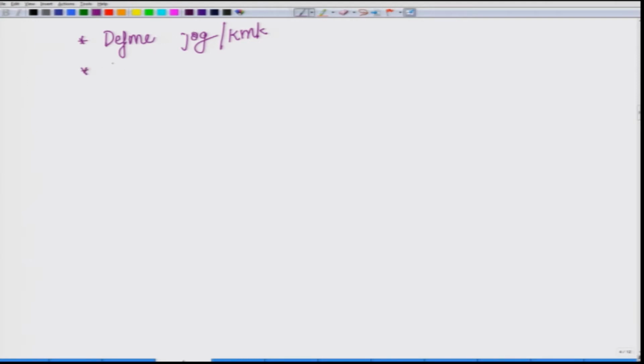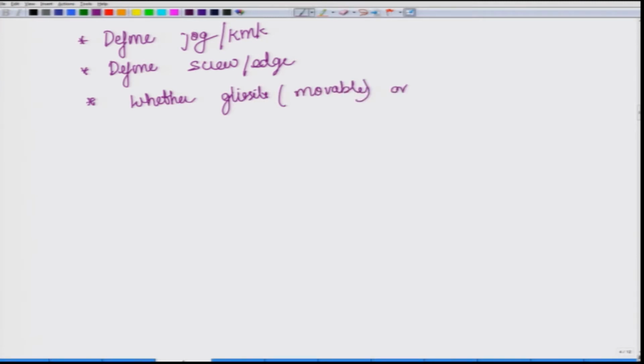We want to define whether these are screw or edge, and we want to find out whether they are glissile, which means they allow movement or they move themselves, whether they are movable, or sessile, not movable.